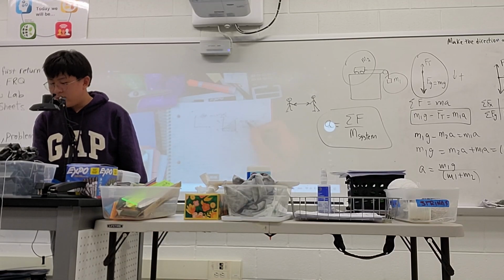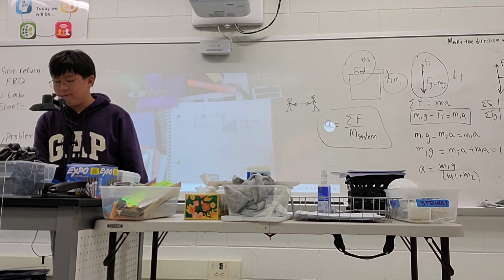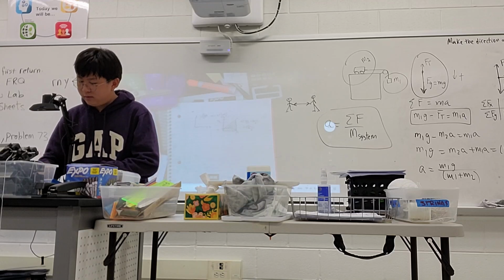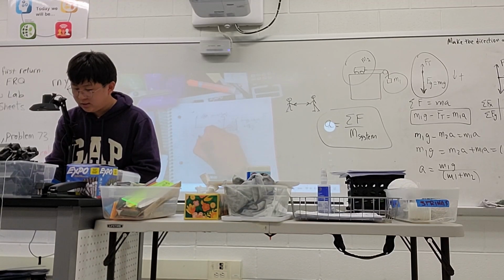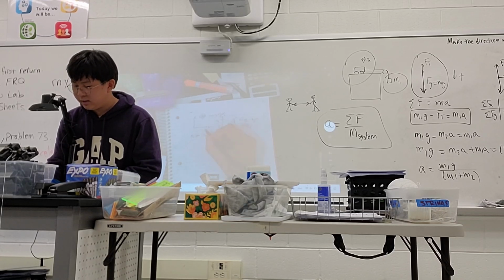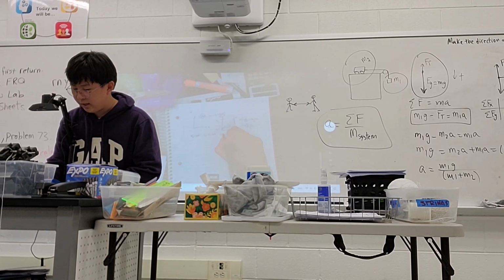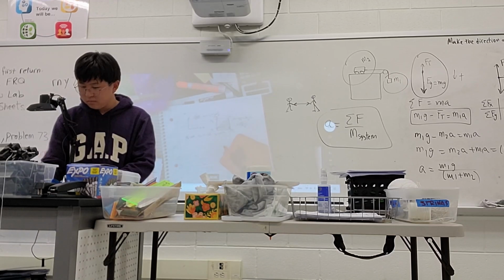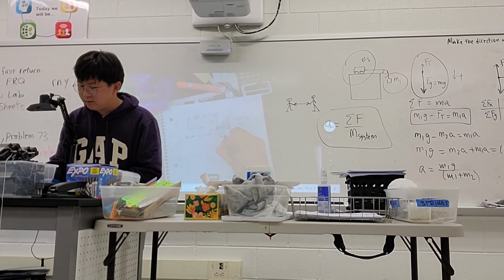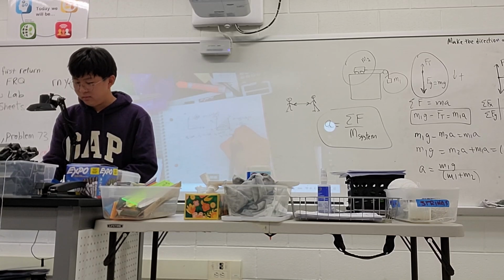If we want to solve for velocity final, we can do normal algebra. Velocity final minus velocity initial equals at, and then we can make it alone: at plus velocity initial. Or you would normally see it as velocity final equals velocity initial plus acceleration times time.